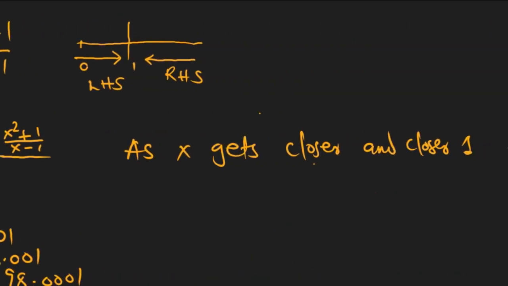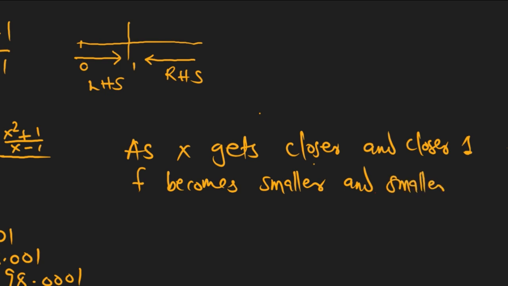So as x gets closer and closer to 1, f, which is a function, f of x, becomes smaller and smaller without a bound. Because these values get smaller and smaller, minus 19998.0001, and that's a very small number. So as x gets closer to 1, f becomes smaller and smaller without a bound.